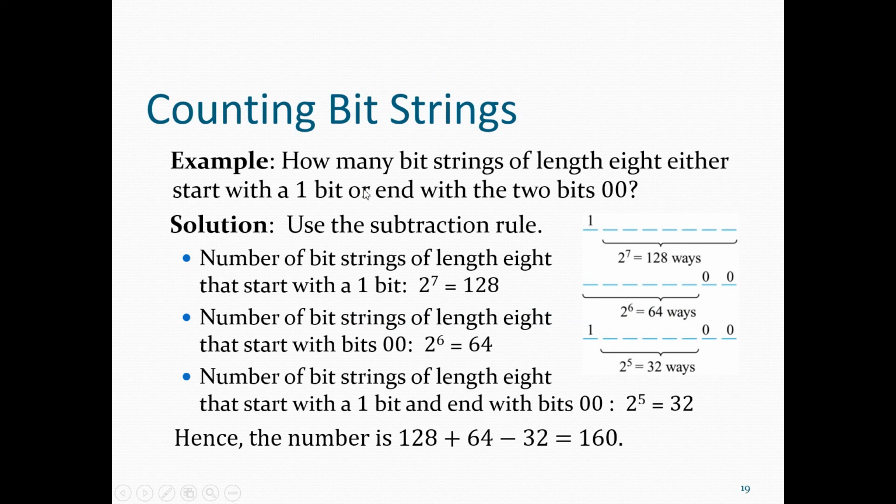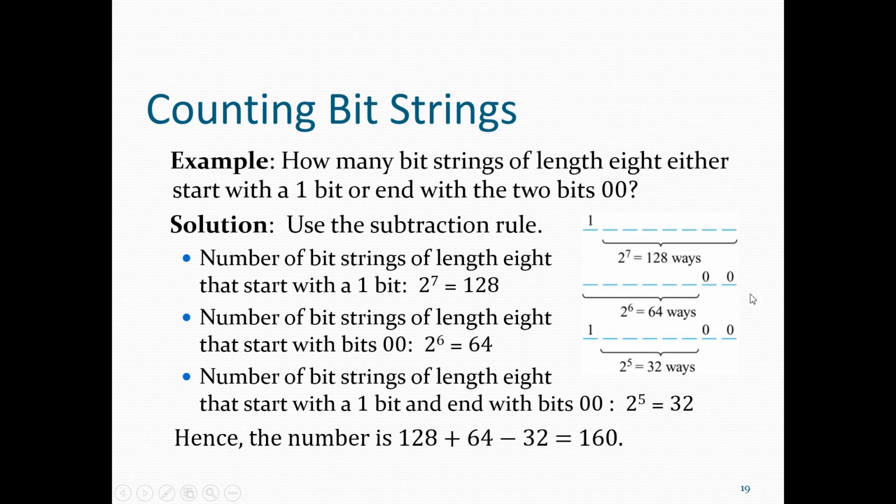The first example is counting bit strings. How many bit strings of length 8 either start with a 1 bit or end with the two bits 00? We have to form bit strings of length 8. If the first place is fixed, that is, it starts with 1, then there are 7 places, and we have 2 choices for each place, so 2 to the power 7, total 128 ways.